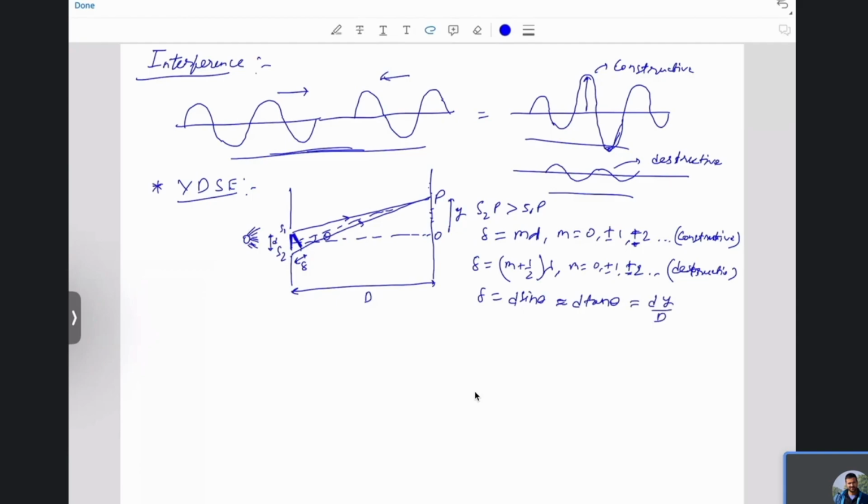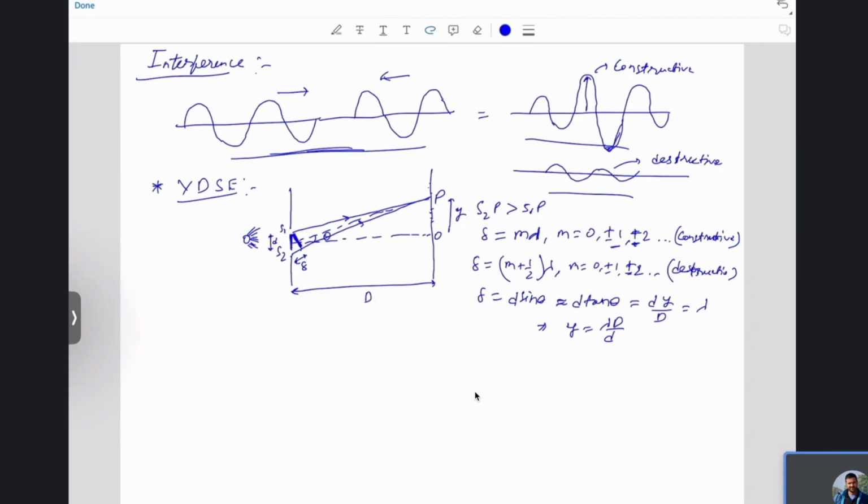So suppose for the first constructive interference m is equal to 1, so delta will be just lambda. So the first bright fringe you will observe will be at y equal to lambda D by d.